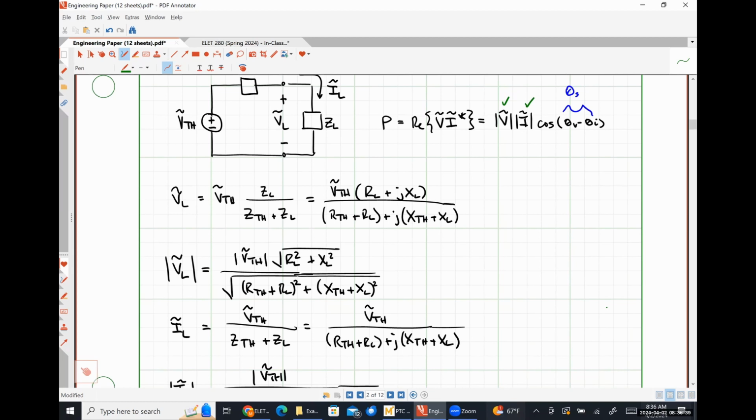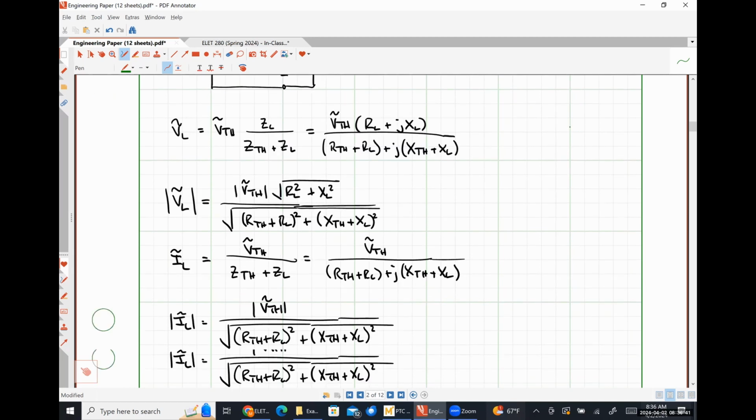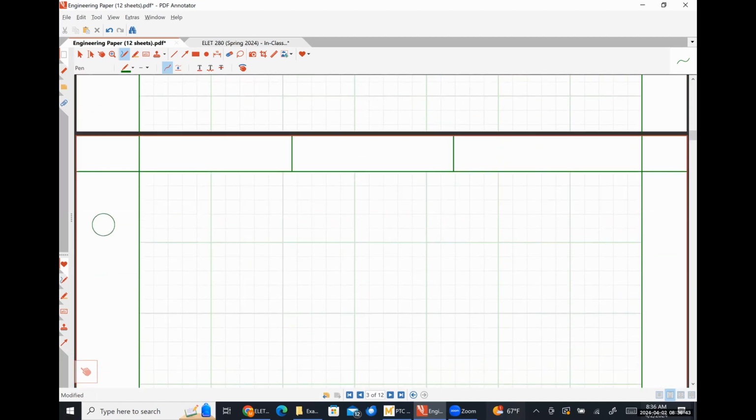We're focused on what's going on with the load right here. Okay, so I want to draw something out for you guys. And I use another one of my graph things here. So this is my real axis. This is my imaginary axis. And let's say, just for the sake of argument, that this is my impedance ZL.